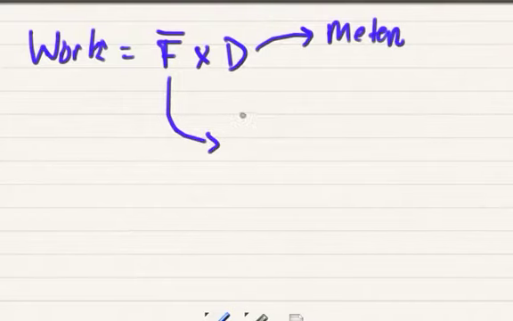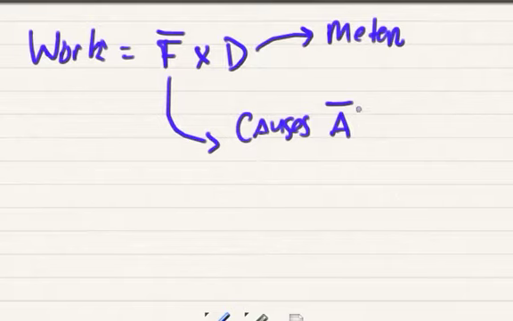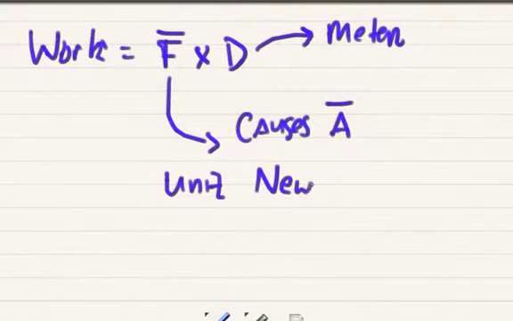Well, force causes acceleration, and I'm just going to put A with a line to let you know that that's a vector value. So the force causes acceleration, and the fundamental unit of force is what we call the Newton.